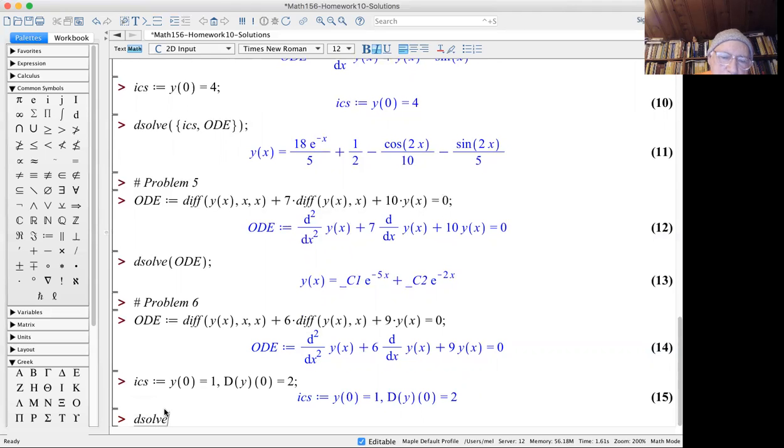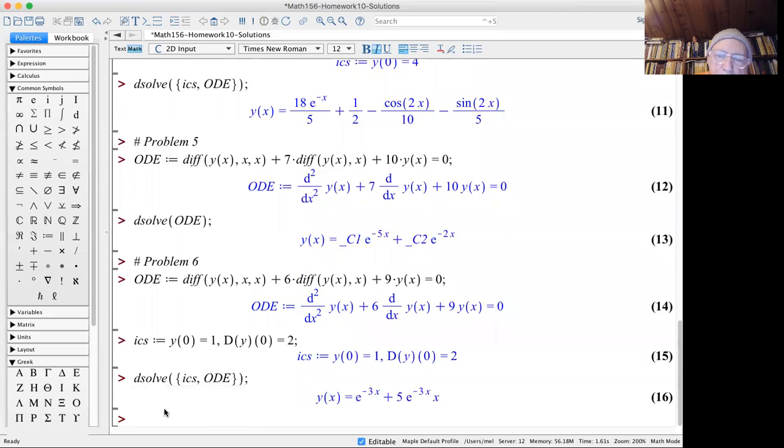So now when we solve this differential equation with the initial conditions, that's what it looks like. Notice that when x is 0, you get 1 plus 0. And when you differentiate, you'll see that you actually get 2. So that's how you do it. That's the whole story.